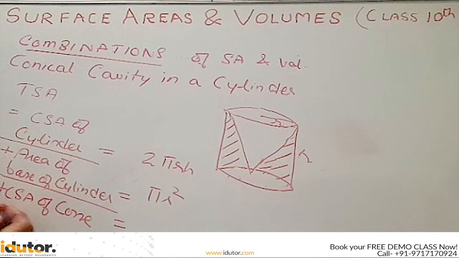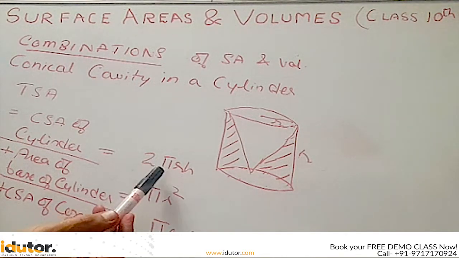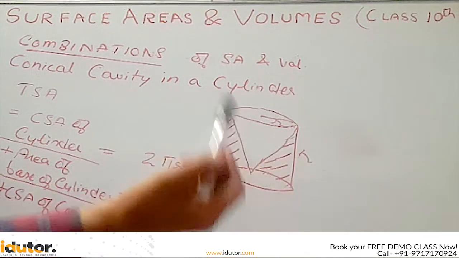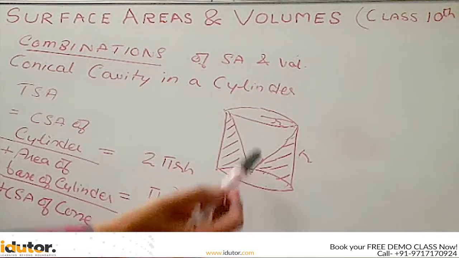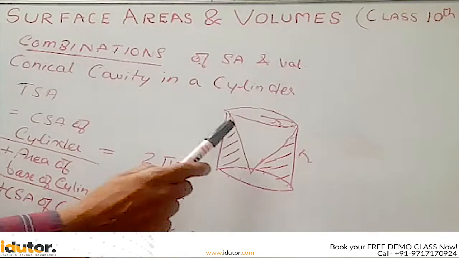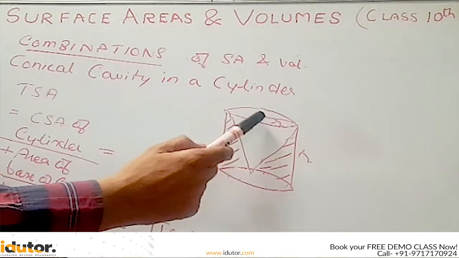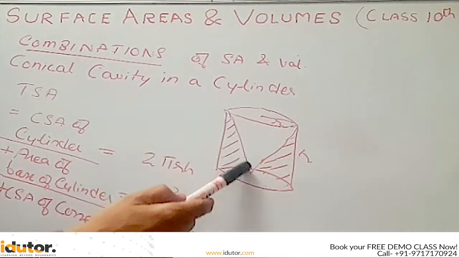And then we have the CSA of the cone, which is pi r l. So we have to find out the CSA of the cylinder, which is the outer circular part, not the base, not the top, only the outer part, because the cavity has been taken out.